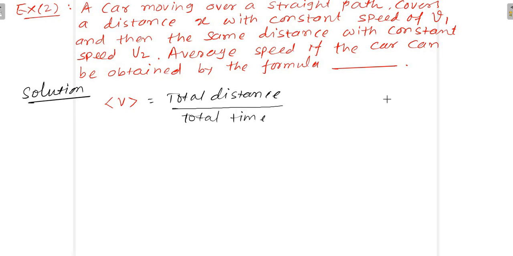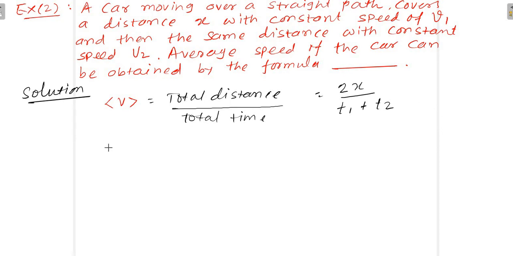So total distance is already known, 2x, x plus x, and for total time, let us say the first movement was for t1 seconds and the second was for t2 seconds. So if I find out t1 and t2 in terms of the velocities v1 and v2, I can find out the average speed, right?